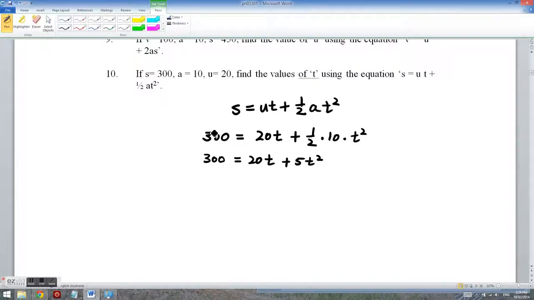Now what we have now is a quadratic equation.